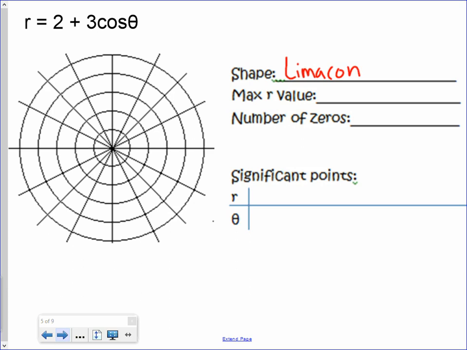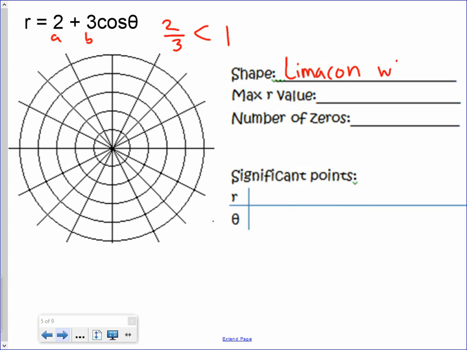And I would go one step further right here. I would do my A over B, figure my ratio. So A is 2 and B is 3. So I would figure 2 over 3. And 2 over 3 is less than 1, so that classifies it as the loop.